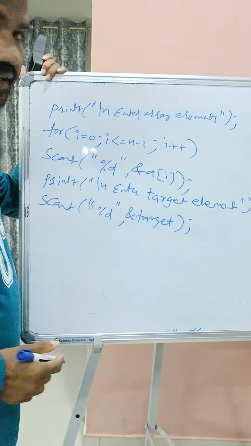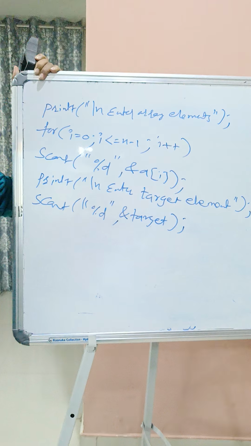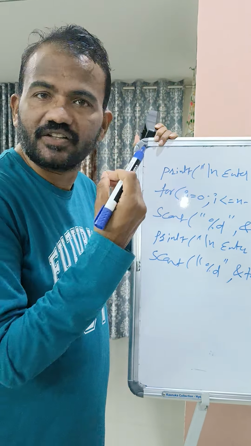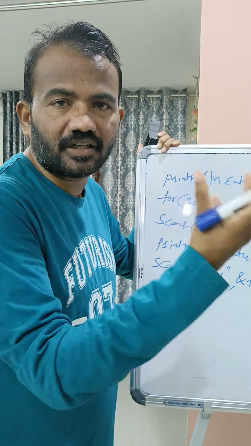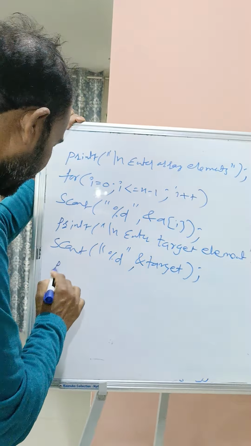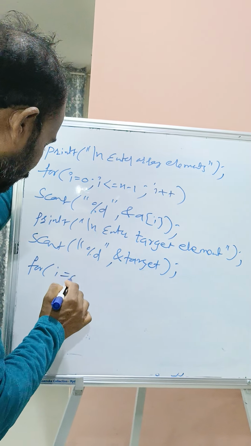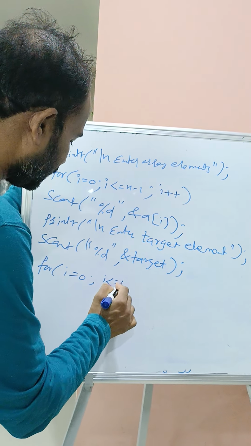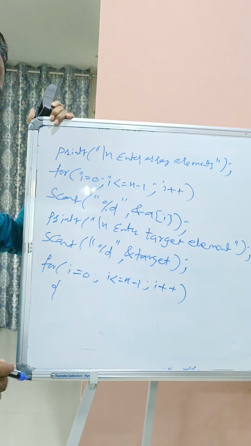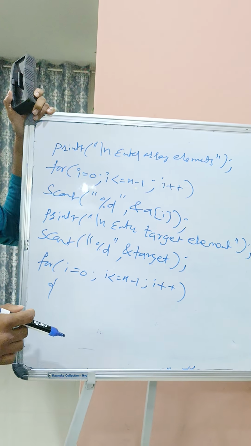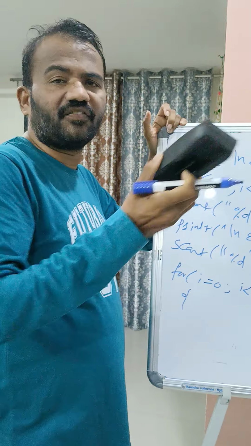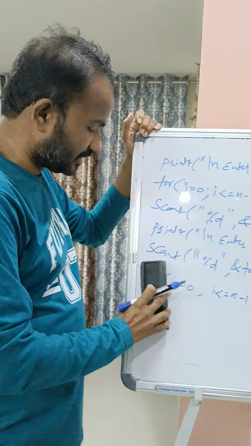Right? So now we need to compare with the first element. If it is matched, okay. If it is not matched, then the second element, third element, fourth element, fifth element, or any number of elements. So here I could take for i is equal to 0, i less than or equal to n minus 1, i plus plus. But simply, we need to call a function, that is better.